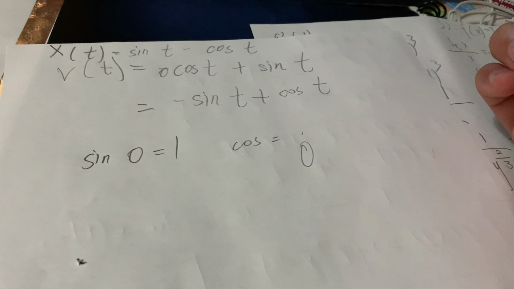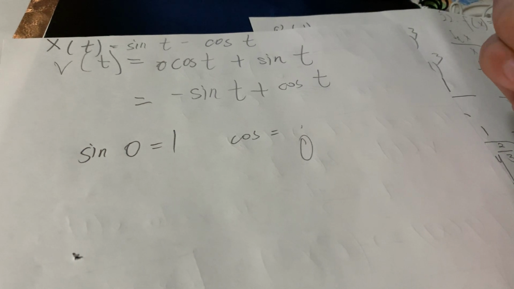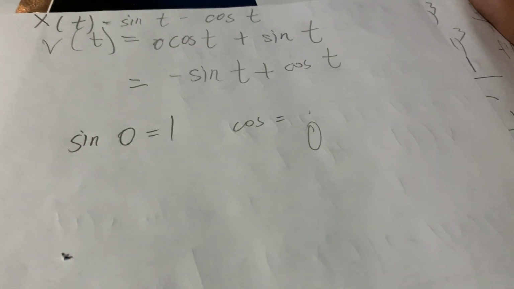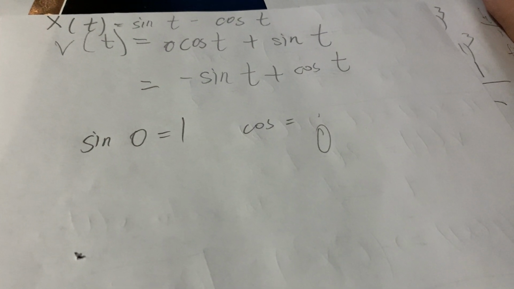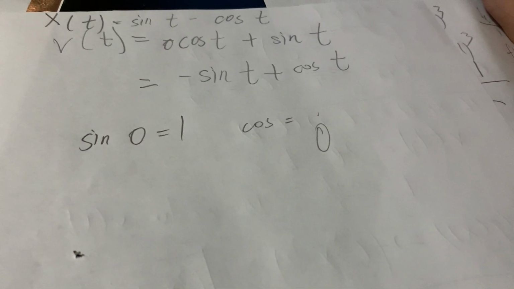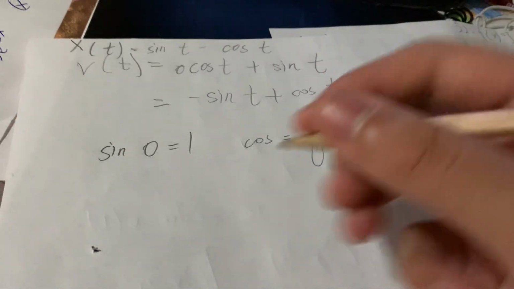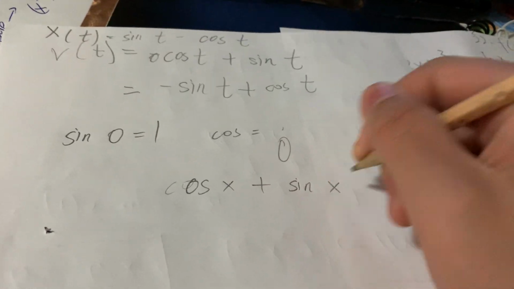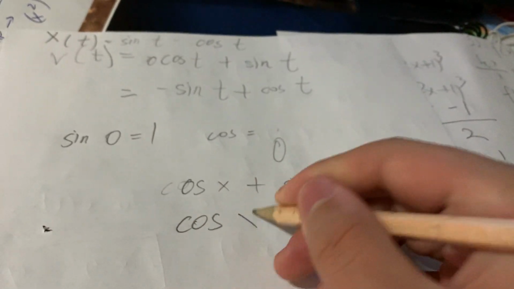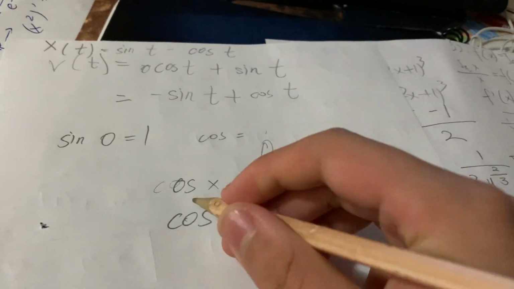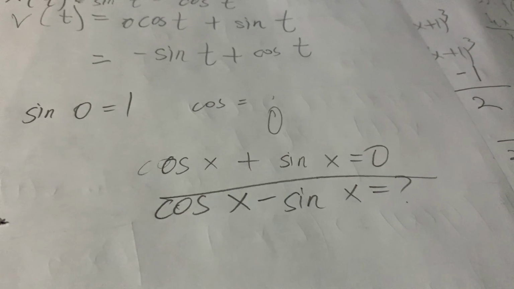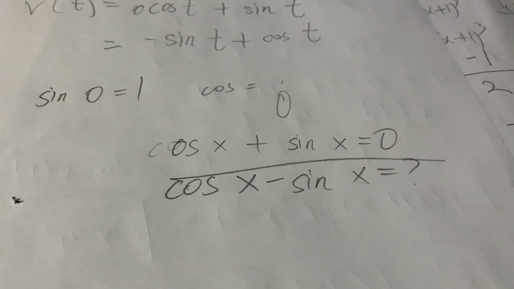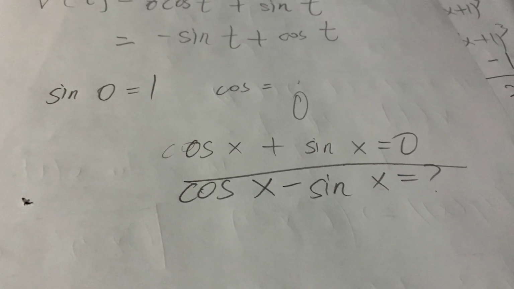Let me think for a sec. Cos x plus sine x is going to be 0, so we are required to find this when velocity is equal to 0.